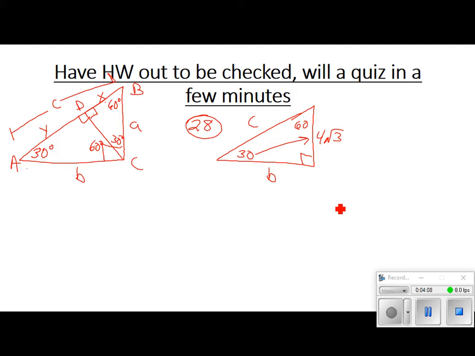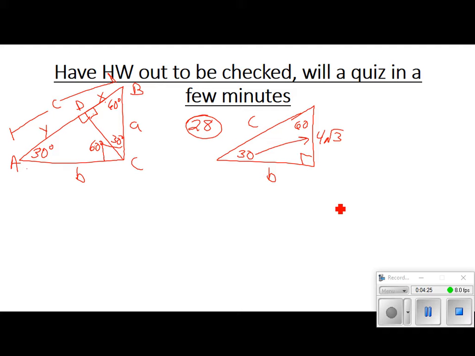We're also going to change the 45, 45, 90. In a 45, 45, 90, the two sides across from the 45-degree angles were labeled what? X and X, right? The side across from the right angle, X radical 2, X times the square root of 2. Now we're going to change it.